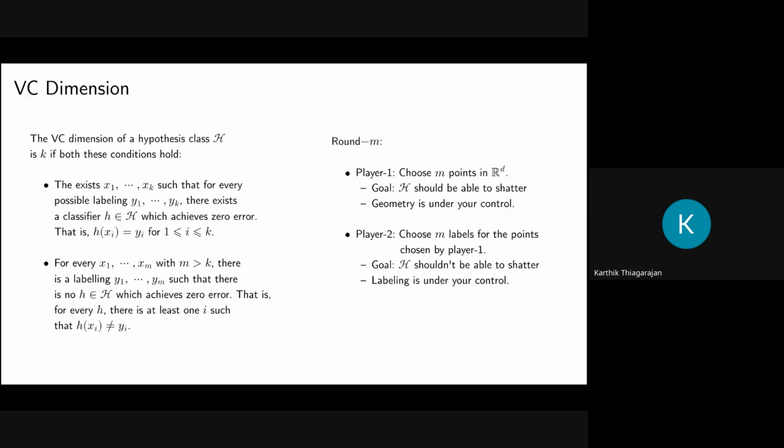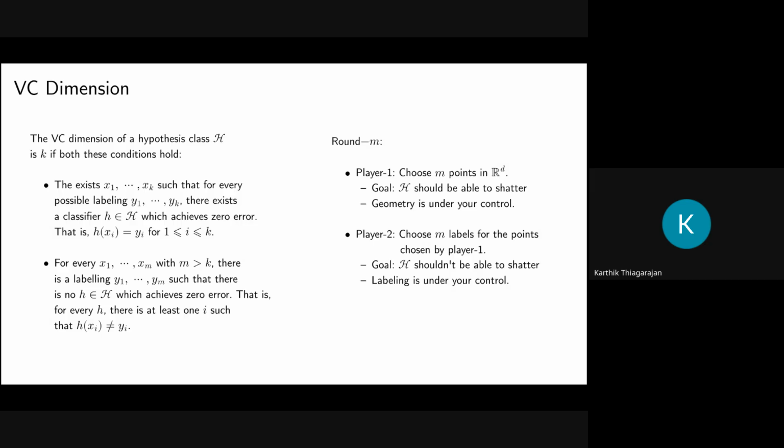You as player one, always you have to imagine yourself as player one first. Player one starts the game. It is under your control which points you choose. Don't choose an impossible configuration and then argue that these points can't be labeled arbitrarily. You have control over where the points should lie.